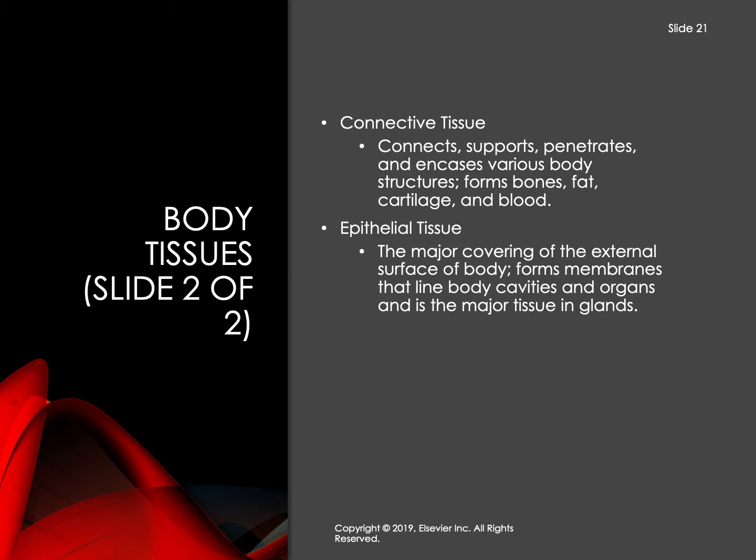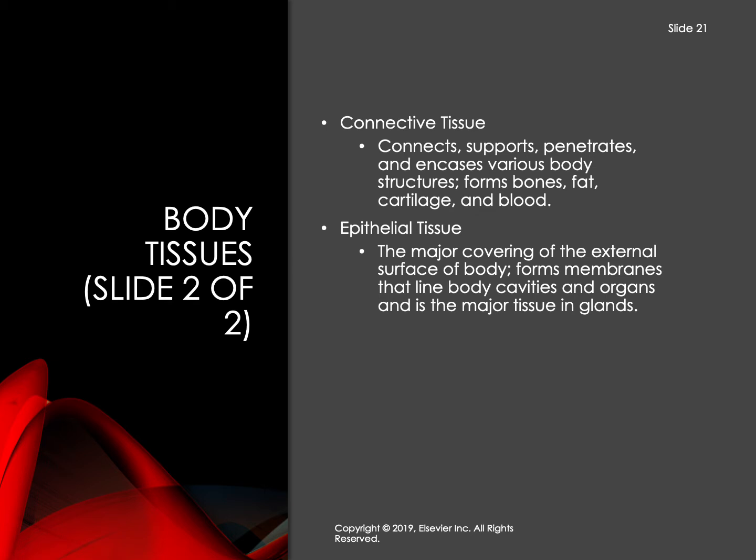It keeps our humerus connected to our glenoid in our shoulder joint, right? So that connective tissue is a tough fibrous tissue like tendons and cartilage and ligaments, right? And then blood is also a connective tissue too, which in my mind always seems a little bit strange, but it's categorized as a connective tissue.